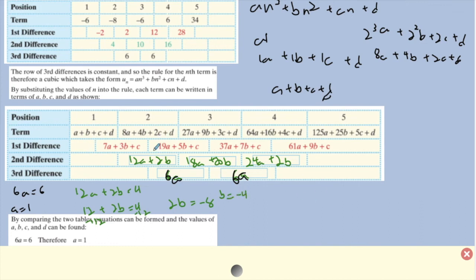Okay, now let's move on to our first difference again. We know 7a plus 3b plus c is negative 2. Okay, let's plug in as we go.